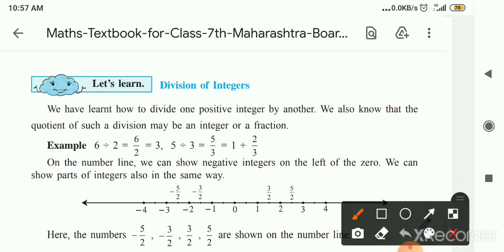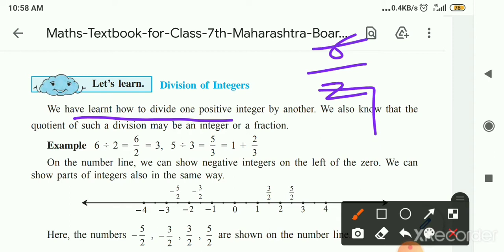Here it is given that we have learned how to divide one positive integer by another, meaning 6 divided by 2. 2 1s are 2, 2 3s are 6. We also know that the quotient of such a division may be an integer or a fraction.